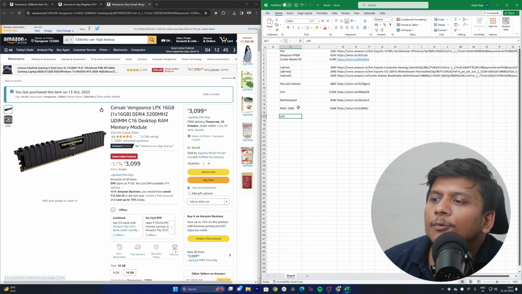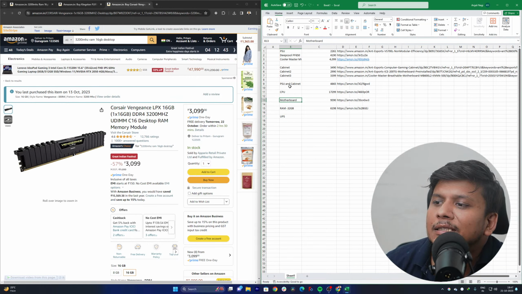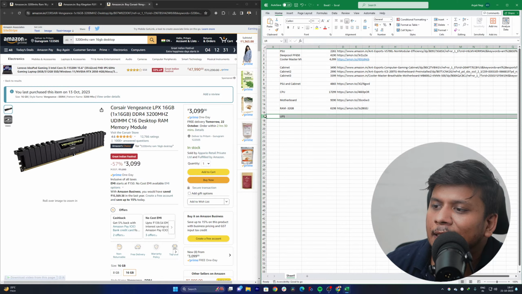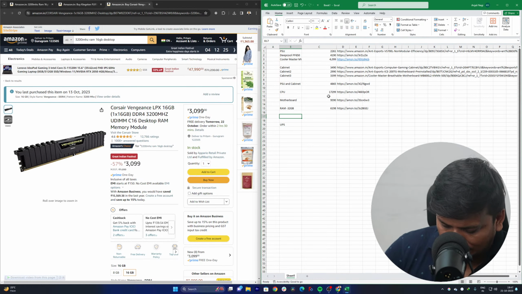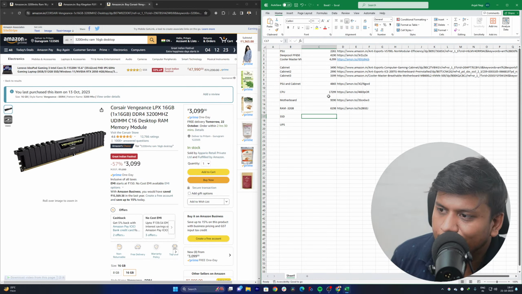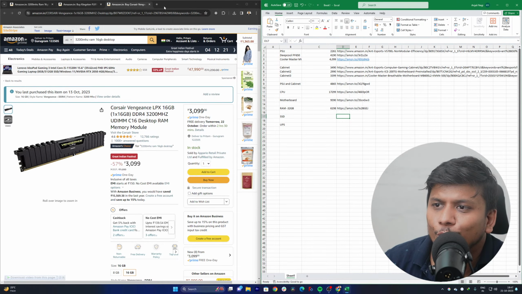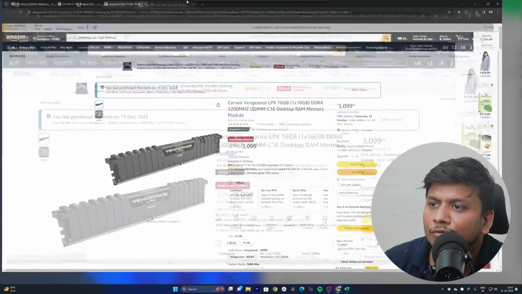Okay, so we need a motherboard, and the CPU will be installed, then RAM will be installed, then these all will be installed in the cabinet, and then we also have a power supply to power it. And the last thing I think that got left, apart from UPS, is SSD. And for sure, we are going with an NVMe M.2 drive.